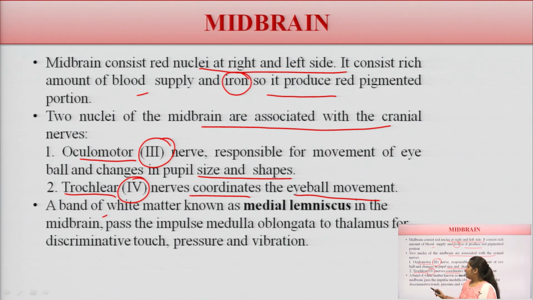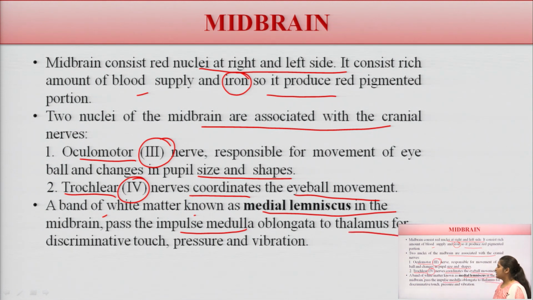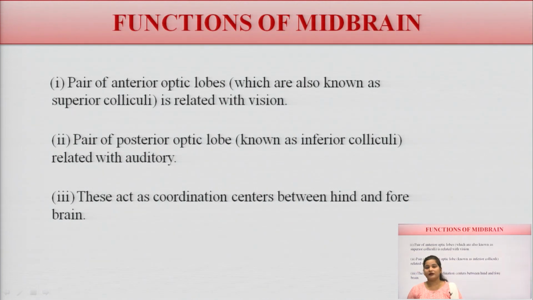A band of white matter known as the medial lemniscus in the midbrain passes impulses from the medulla oblongata to the thalamus, which carry discriminative touch, pressure and vibrations.